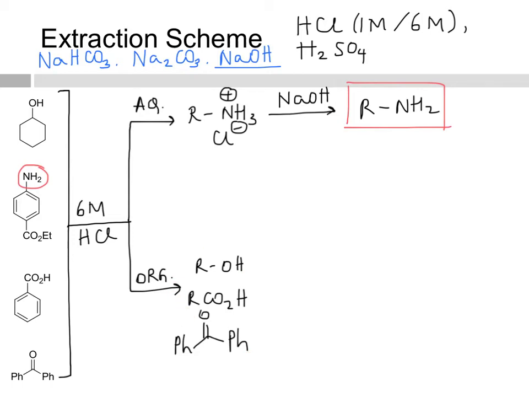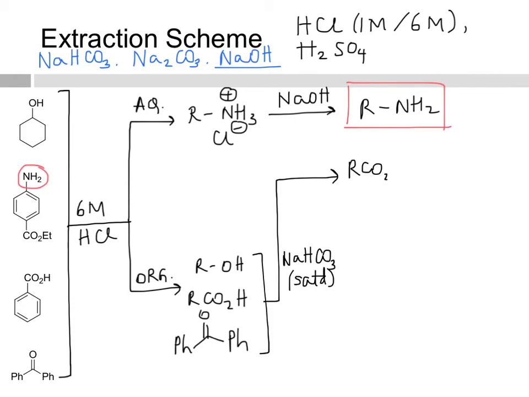And we want to start with the milder base first, sodium bicarbonate, so that we can pull out just the carboxylic acid. So now we're going to take all of these which are in the organic layer. We're going to treat it with sodium bicarbonate. So we're treating it with saturated solution of sodium bicarbonate, and we should get the carboxylate salt.